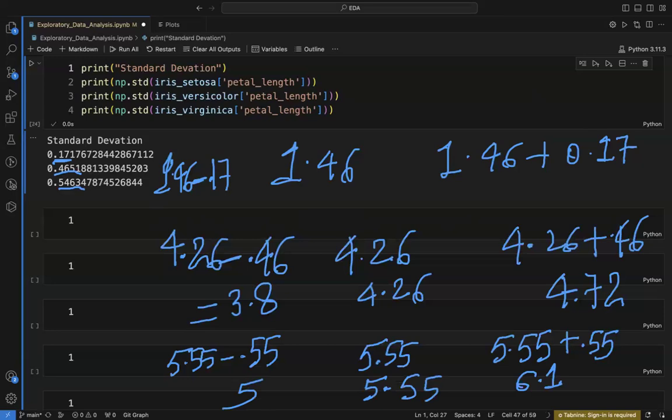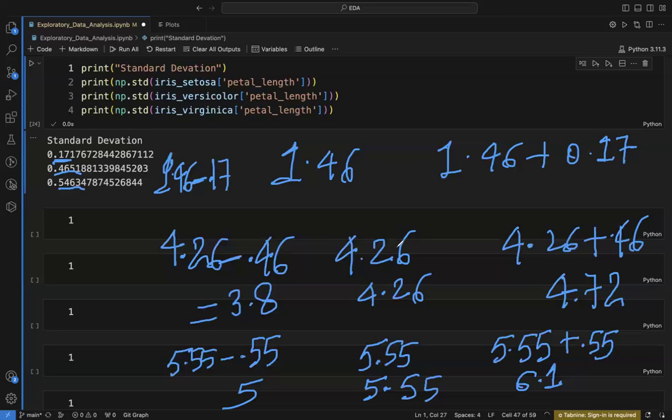So what you have done now is you have taken the mean, and you are saying the spread is this much. If the spread is wide, it means the points are widely spread. If the spread is low, they are much more densely grouped.